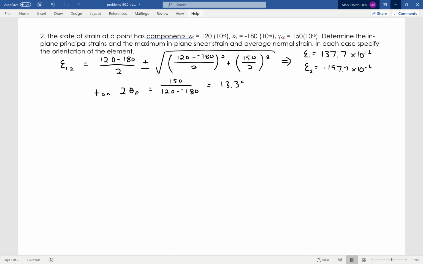I can do the same thing with the shear strain. Again, there's going to be a factor of 2 that will not be there when doing it with stress. But again, the equations are very similar, and in the book you'll be able to find them. We'll just write it down quickly here. Again, there's a factor of 2 here. This would be 150.